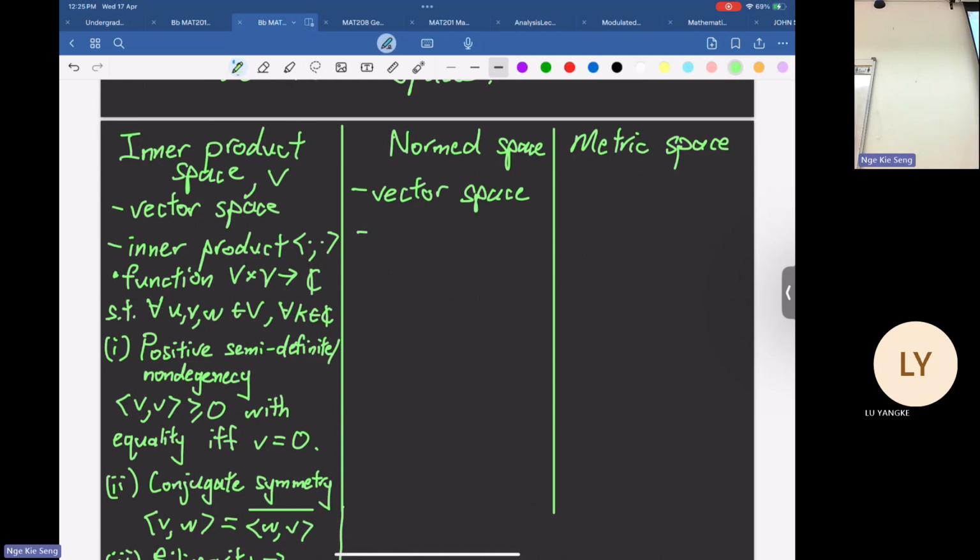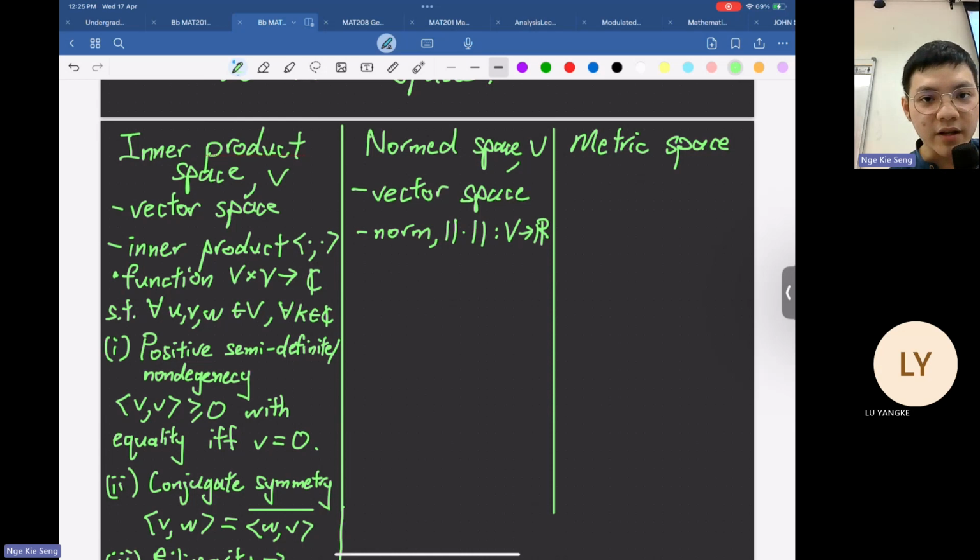The function here, which we call the norm, we will write as a length function from V to R. The input is only one thing: you give me a vector, I give you a number.